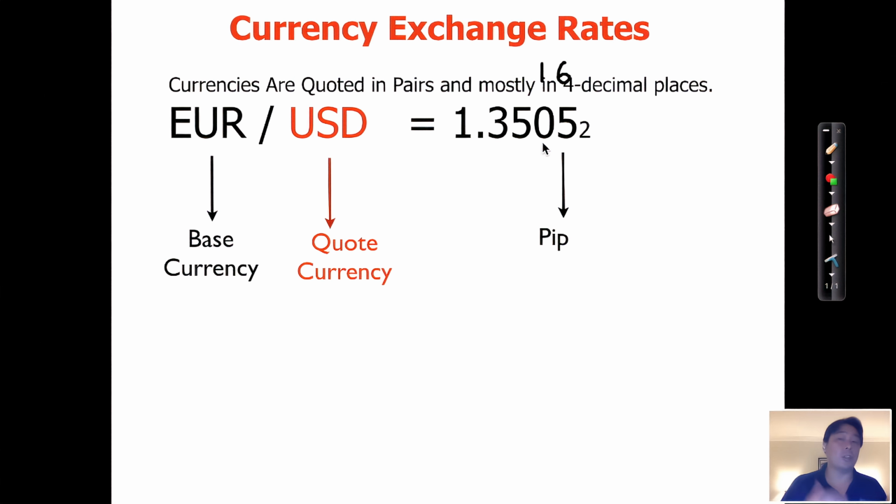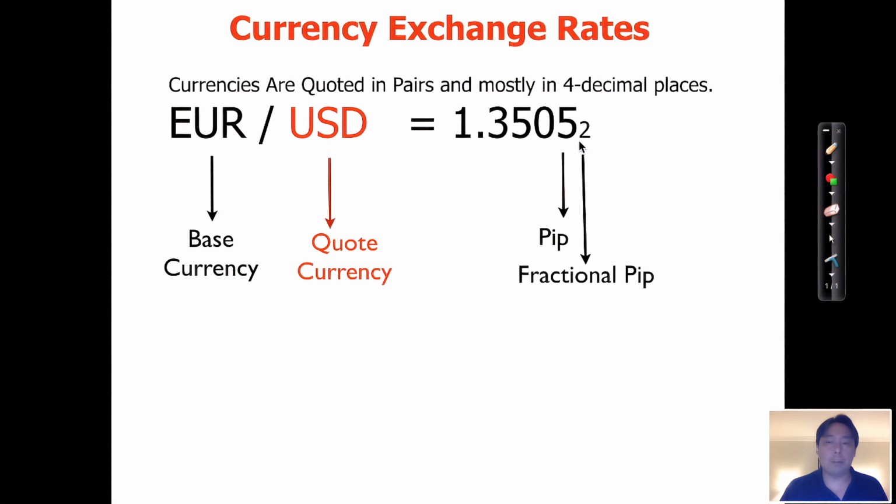The Euro USD has gone up by 11 pips. Does that make sense? 11 pips, because 11 plus 5 is 16. So the pip is the last decimal place. If you look at this entire thing, it's 3,505 pips since it moved up from 0, which was a damn long time ago.